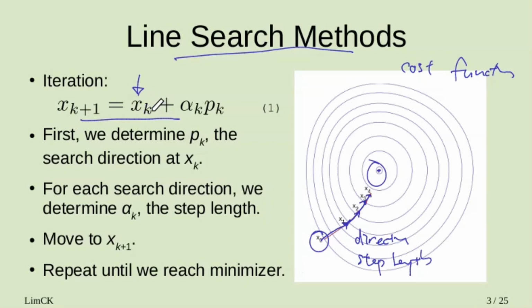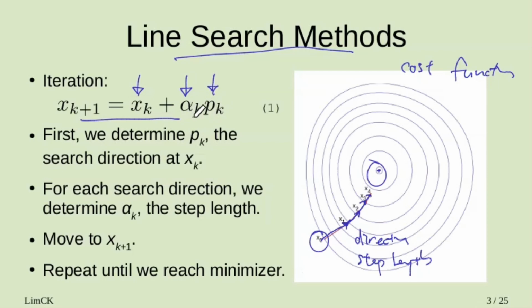At this starting point, we first look for a direction we want to go, p_k, the direction at iteration k. s_k is the position at iteration k, and p_k is the direction we want to go at this iteration k. Once we know these two, we look for a step length, how far we want to go. The direction is found already, and with this direction, how far we want to go.